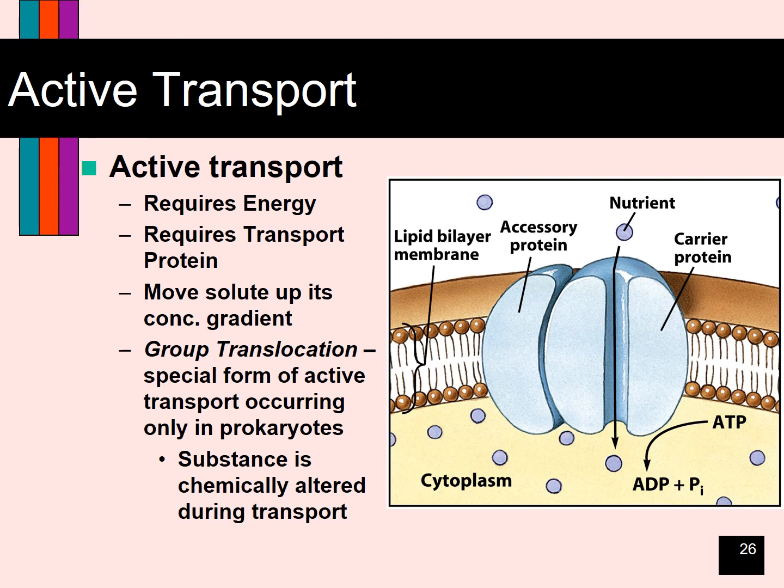So in this situation, if this were glucose, the glucose could be phosphorylated, and then it would be less likely to move back out of the cell. So that's referred to as group translocation.